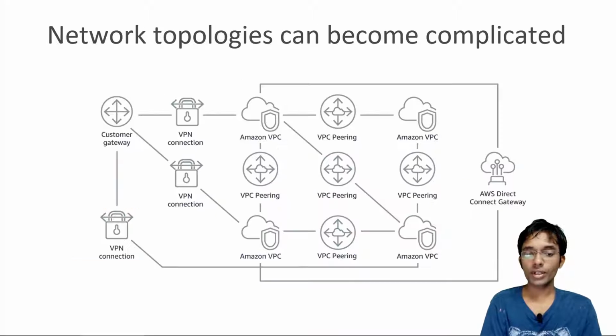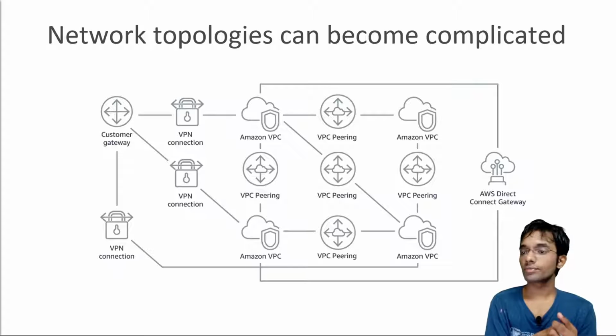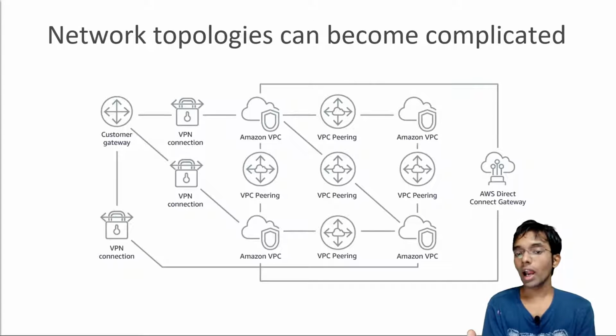If we look at a typical architecture and network topology for your VPC, your customer gateway, your VPN connection, and the direct connect, it becomes very, very complicated, because you allow some things to talk to one another, and anytime you need another thing to talk to another thing, you have to create maybe a new VPN connection, maybe a new VPC peering connection, and it can become very, very complicated.